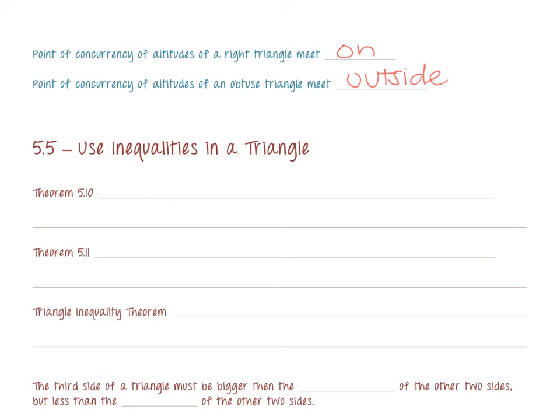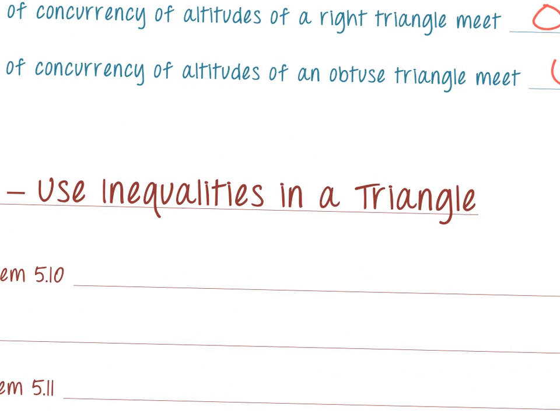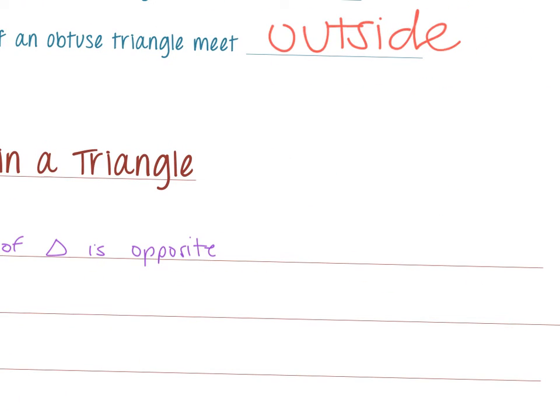The number's not important, but what it says is that the longest side of a triangle is opposite the largest angle.